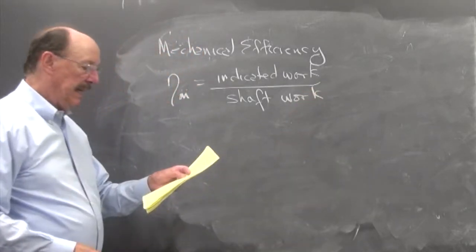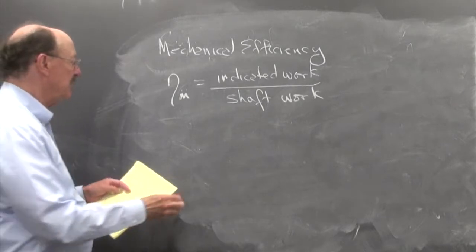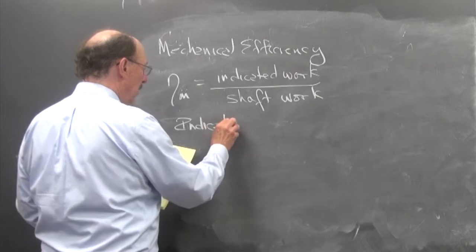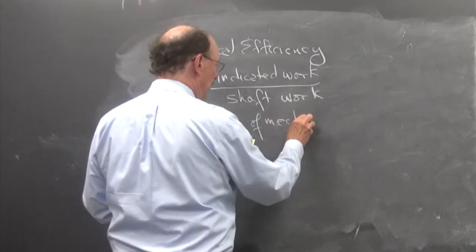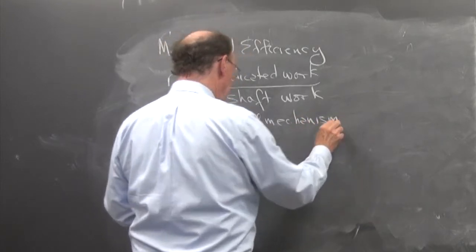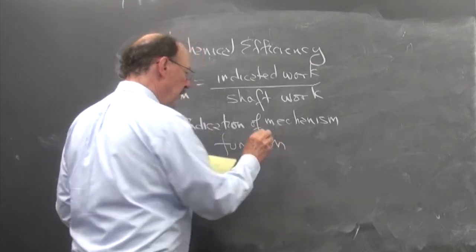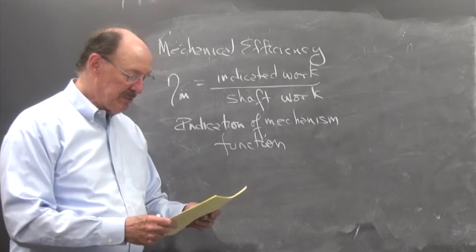And so this talks about how well the mechanical mechanisms work. So this is an indication of mechanism functions. So that's not part of this course. That's a different course that one worries about that with.